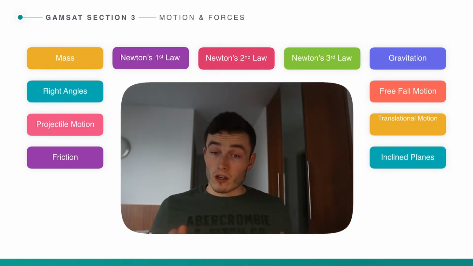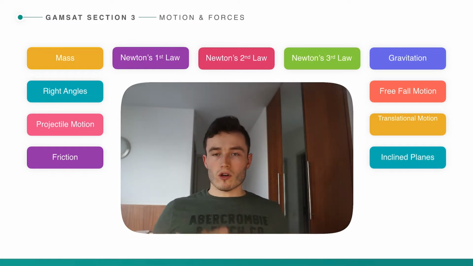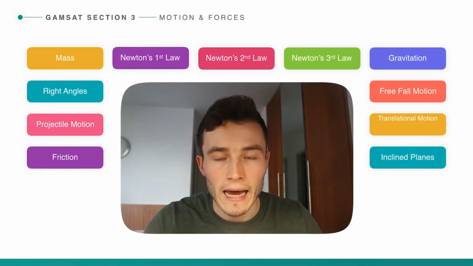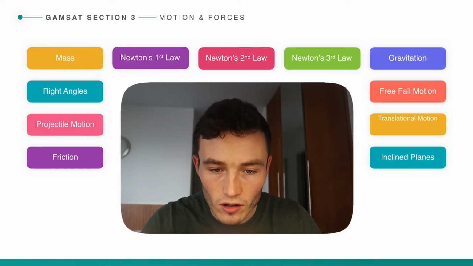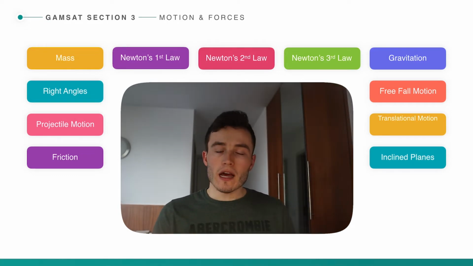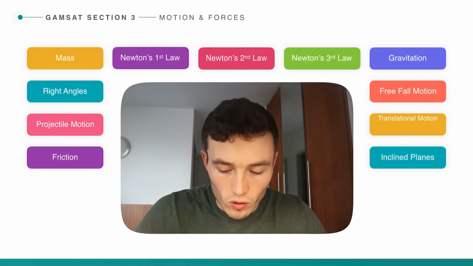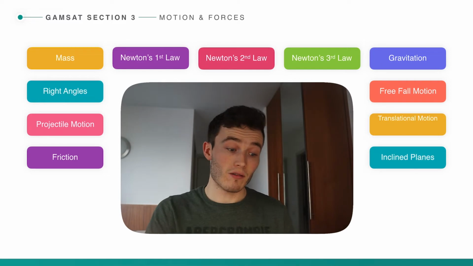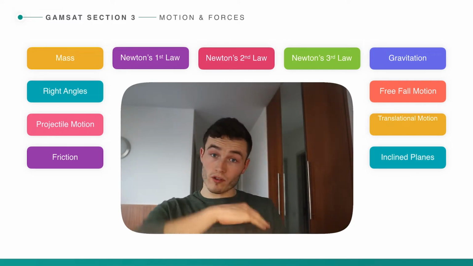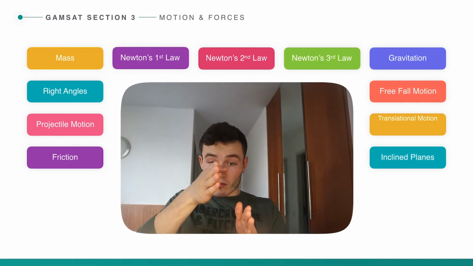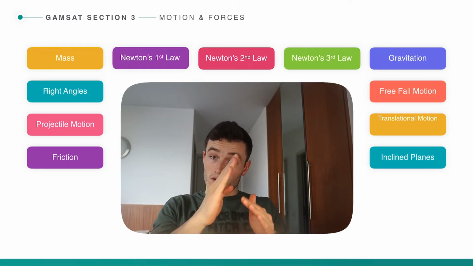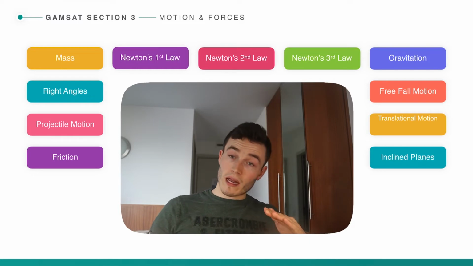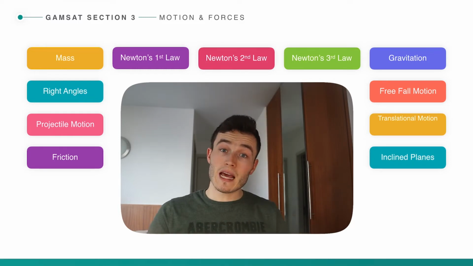Next thing is inclined planes. If you don't understand your sines, your cosines, and your angular mathematics, it's really useful to understand for inclined planes when you're dealing with different forces. For example, you'll have a force that acts along the plane, you'll have a normal force perpendicular to the plane, and you'll have a friction force.